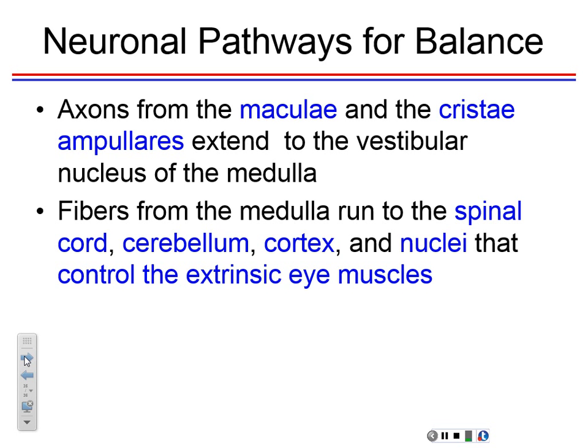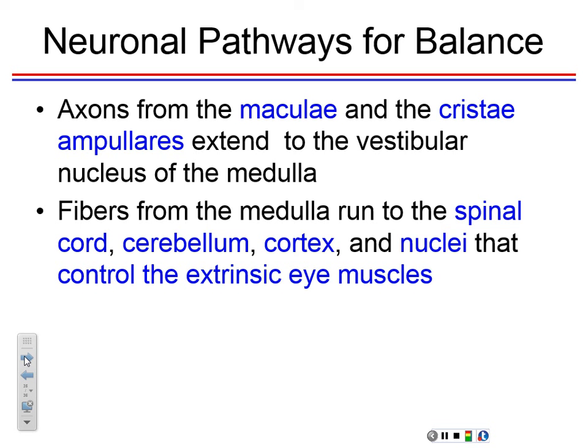The cerebellum, we talked about how it teaches you fine movements, like learning to dance. It's balance. So it goes to the cerebellum before it goes to the cortex, probably in the temporal lobe. And then the nuclei that control the extrinsic eye muscles.